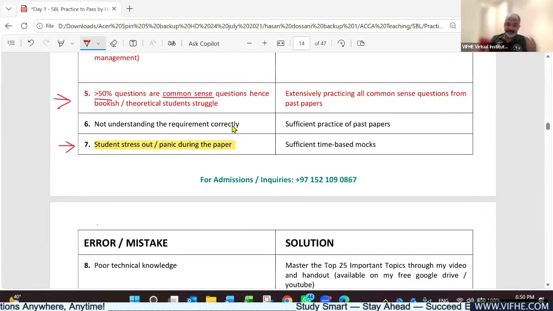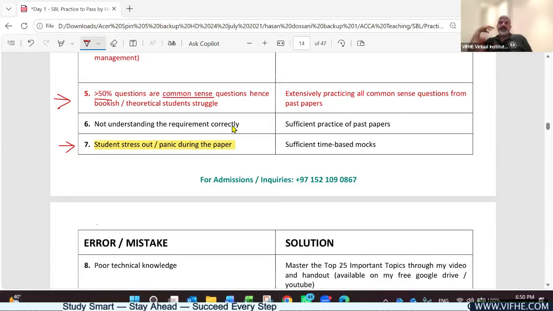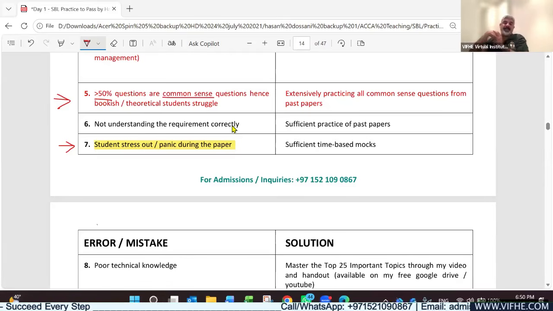Think about the head of your family. You look up to that person, right? So maybe in SBL, the examiner deliberately tries to create a situation where you panic. And if you fall into that trap, you will not pass.